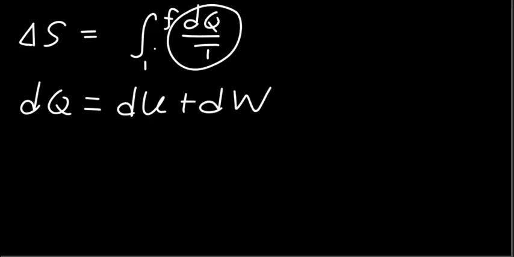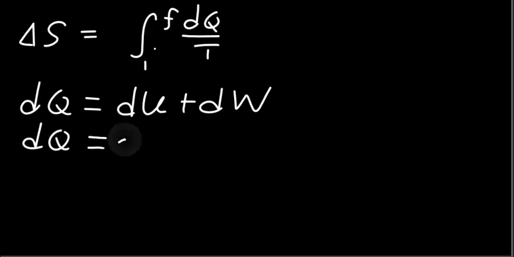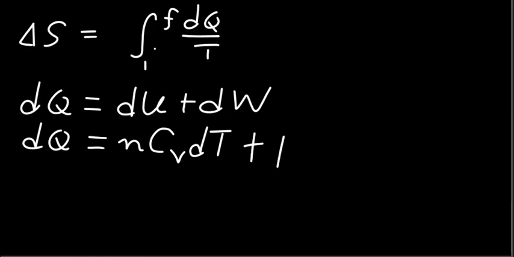The change in internal energy is given by the number of moles of the gas, times the molar specific heat at constant volume, times the temperature change. The work done, as we have seen before, is P dV. This is the pressure and this is the change in volume.